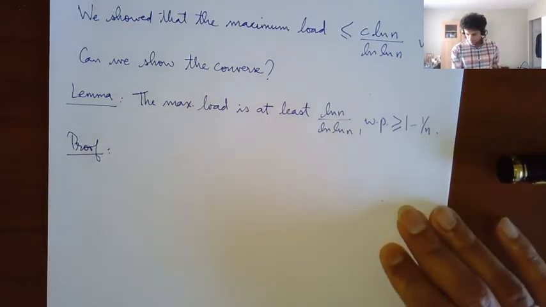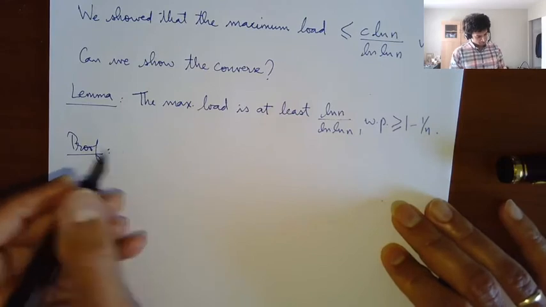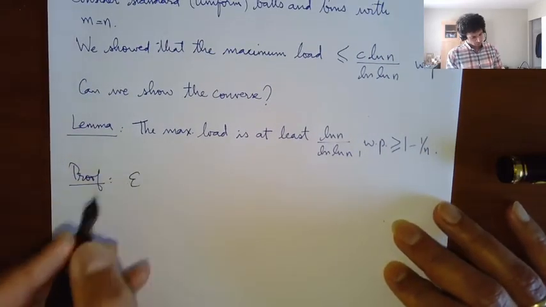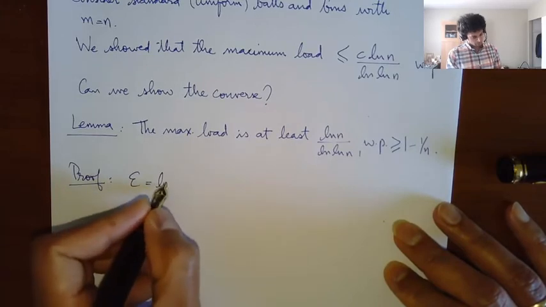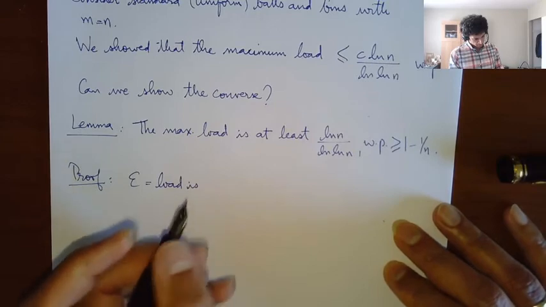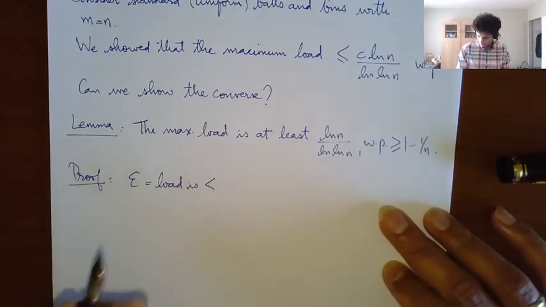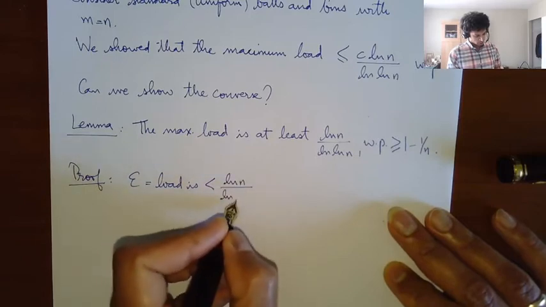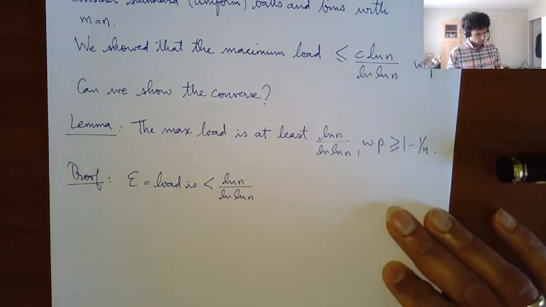So let's look at our event. We fix, remember, m and n. So the event is that the maximum load is strictly smaller than log n over log log n.